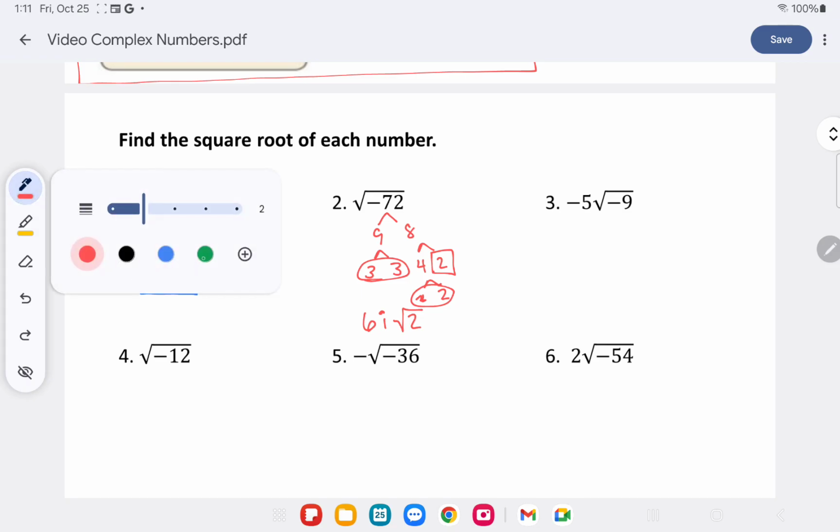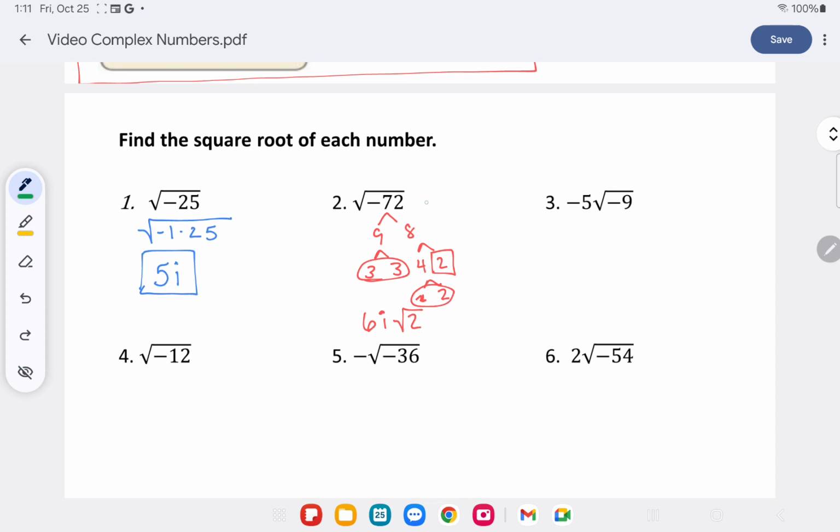Another way of thinking about that same problem would be to rewrite the square root of -72 as the square root of -1 times the square root of 9 times the square root of 8, because -1 times 9 times 8 is -72. Oh, actually, time out. That's not right, because the square root of 8 can be simplified further too. Let's do, instead of 9 and 8, 36 and 2.